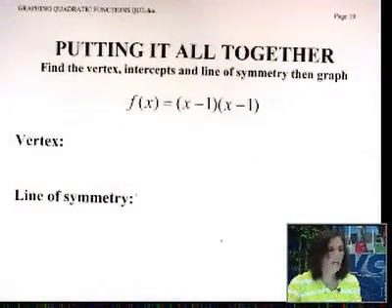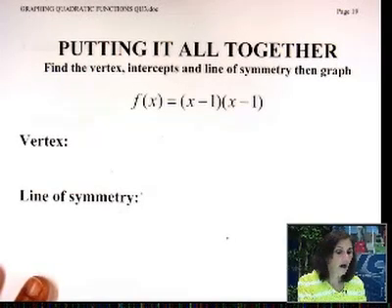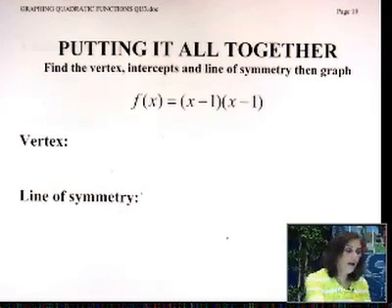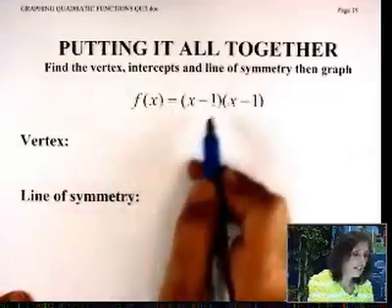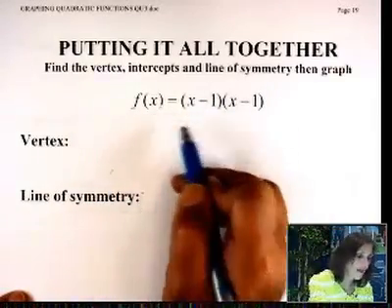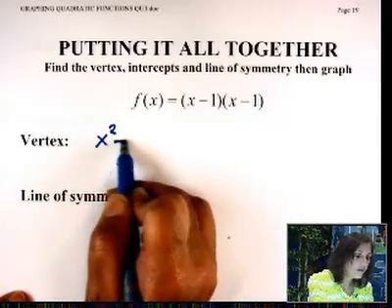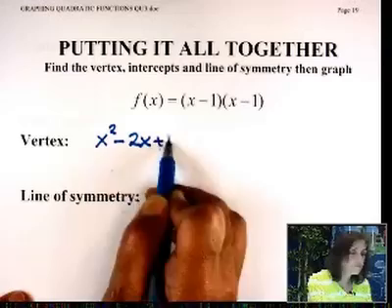Let's do putting it all together in the factored form. Vertex. Well, I can do this as negative b over 2a, but I kind of know how this one looks, but I'll just open it up. For the vertex, FOIL it out: x squared minus 2x plus 1.